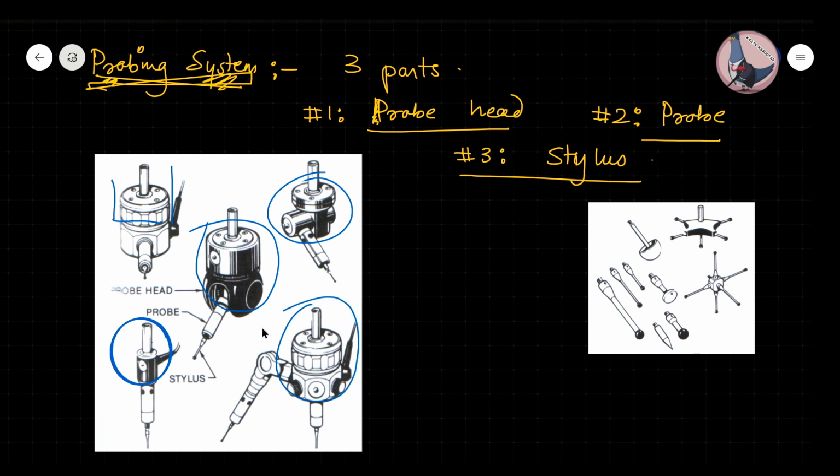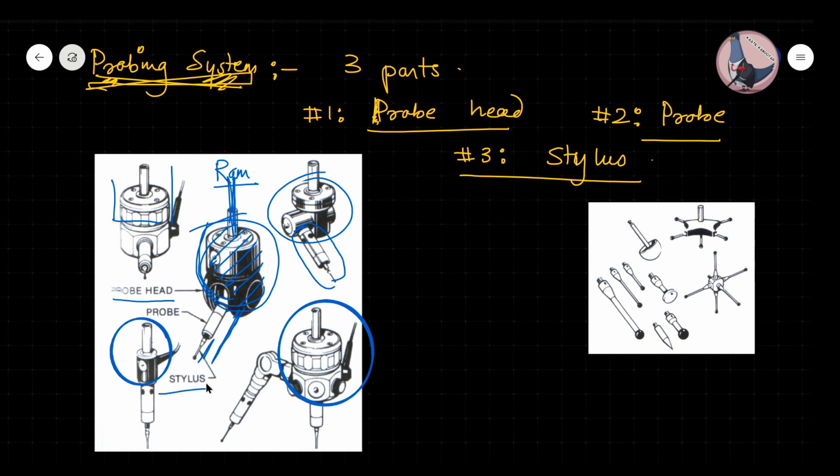This attachment is called probe. Okay, it's written also. This is called probe head. This part is attached to the ram axis. This is called probe head, shaded part. From here to here is called probe, and the tip of this probe is called stylus.